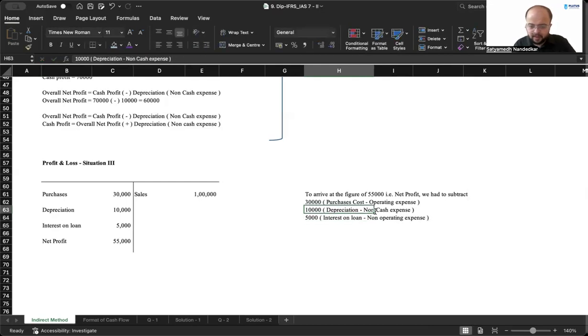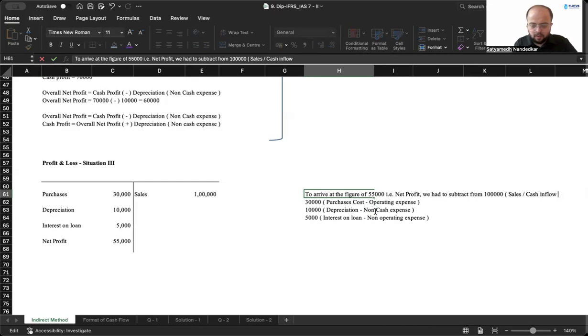We had to subtract these from 1 lakh, that is sales or cash inflow.